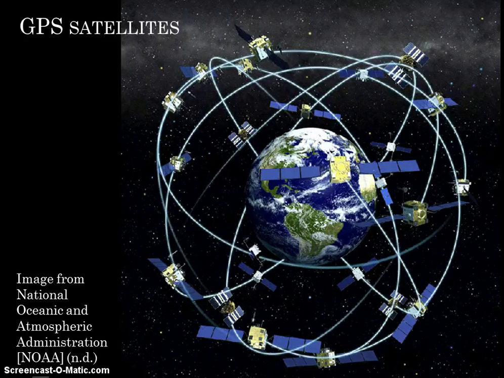Some sources of GPS error include orbital position, clock error, ionospheric effects, tropospheric effects, noise contributed by the GPS receiver itself, and multipath error.